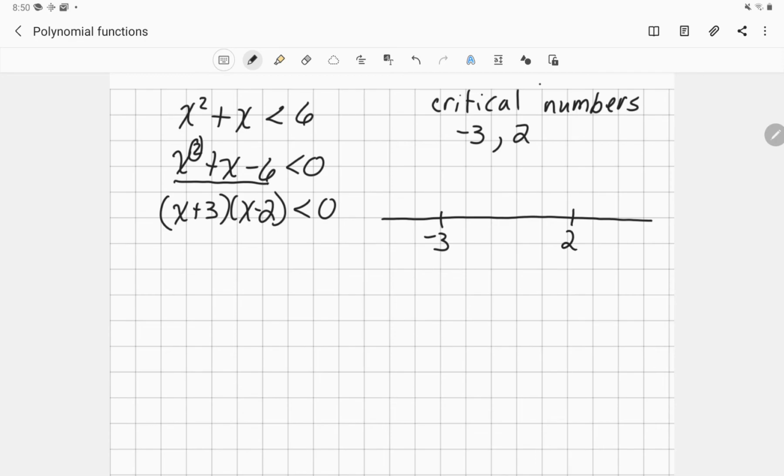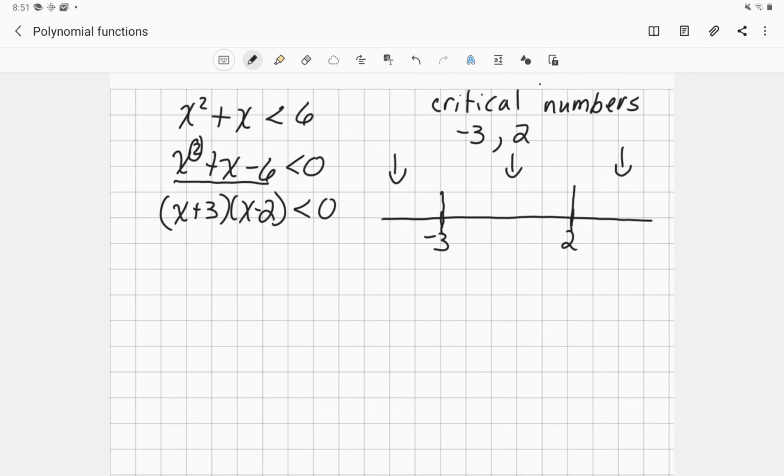What this does is it breaks this line up into 3 sections: the section before negative 3, the section between negative 3 and 2, and the section after 2.